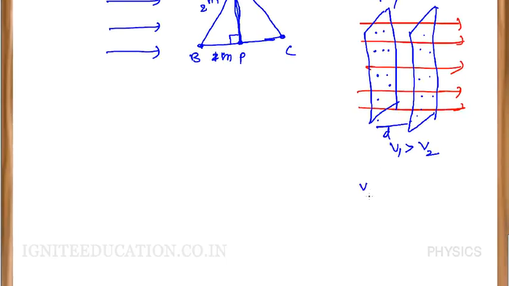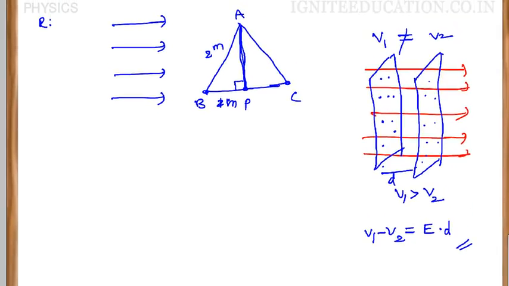Now V1 minus V2 is equal to the field E dot the position vector between those two planes, E dot d. If you consider magnitudes, E into d, that's all. So this is the expression for the equipotential planes in a parallel field.